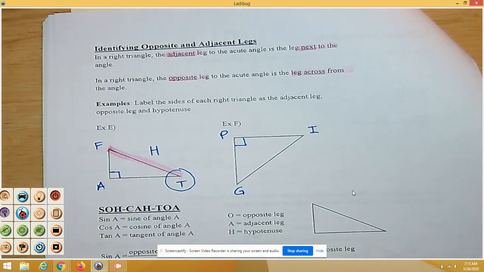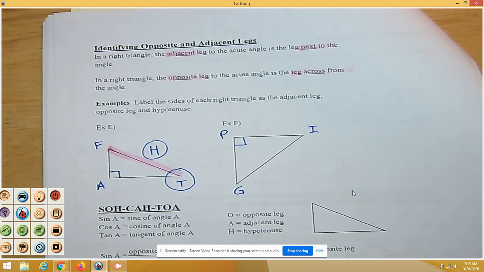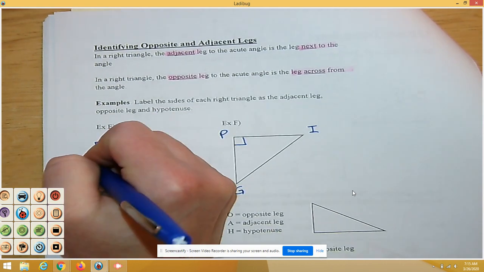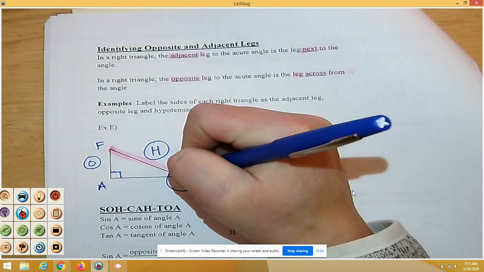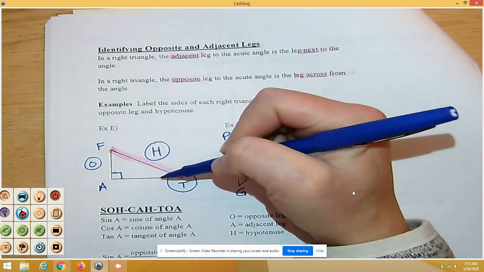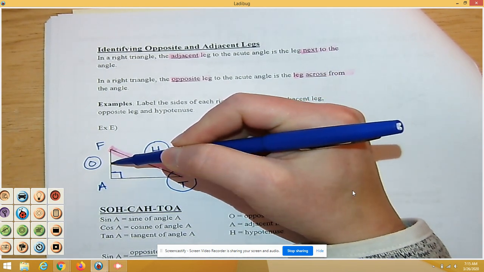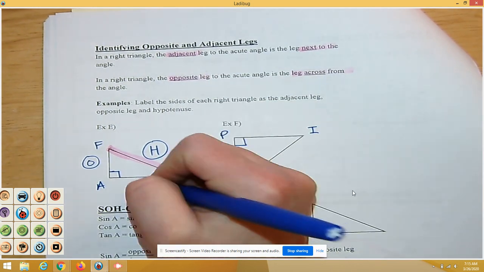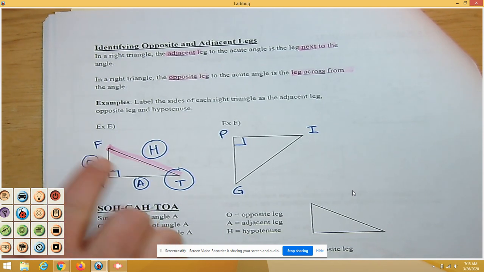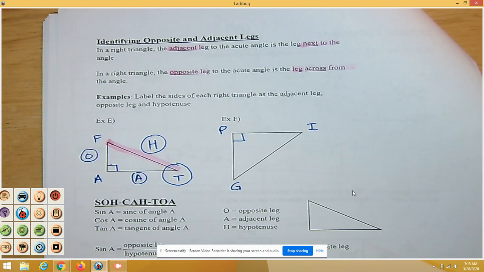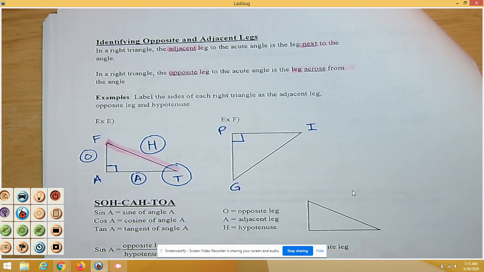I like to call it a capital H. The side across from the T is the opposite side, so I call that an O. So I look at the reference angle and I go across to get the opposite, and next to is the adjacent. Now, if I had picked angle F instead, this would be reversed, and that is an always. So if you pick the other acute angle, your opposite and adjacent sides always change.